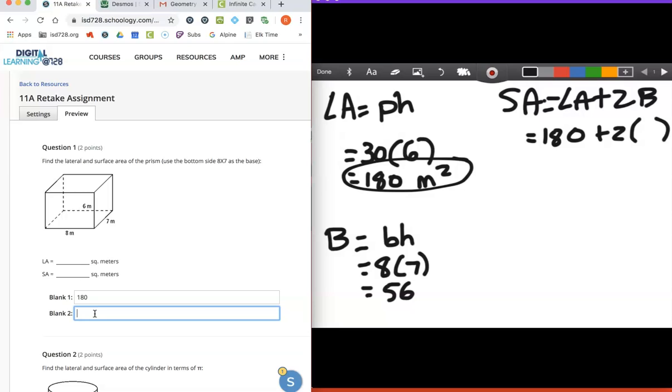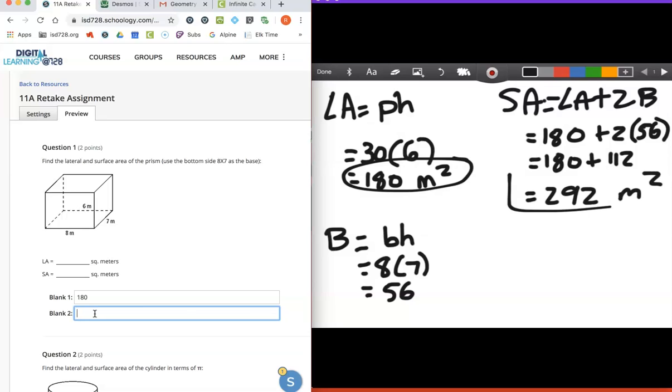So our surface area is 180 plus 2 times 56. 2 times 56 would be 112. So we have a total of 292 square meters for our surface area.